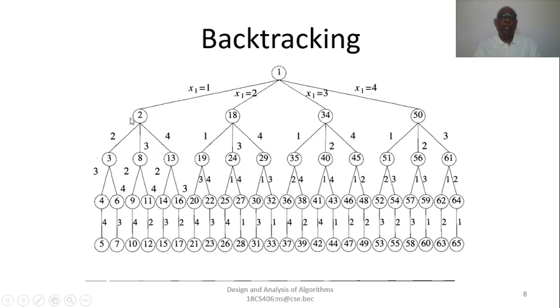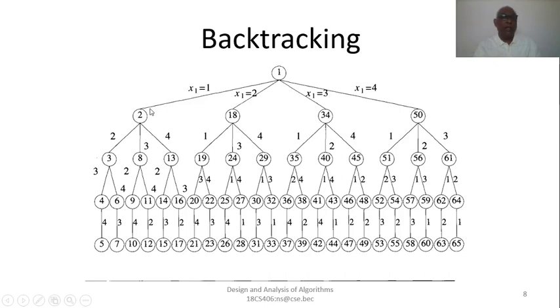However, in this tree, the value corresponding to x2 equal to 1 is not shown. The reason is pretty obvious. The first queen is already placed in the first column of the first row, so the second queen cannot be placed in the first column of the second row because the 2 queens would be under attack.